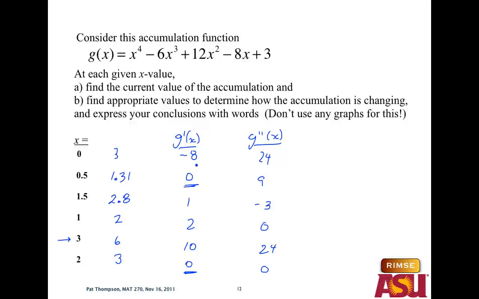So yeah, when the rate of change is decreasing, we really have to watch our words. So the accumulation is decreasing, and the rate is doing what? Increasing. Or becoming less negative. So we say the rate is increasing, because the second derivative is positive, or becoming less negative.